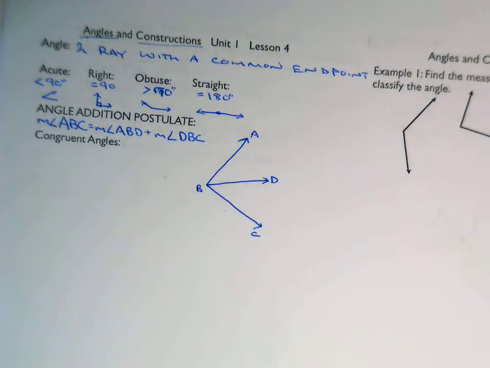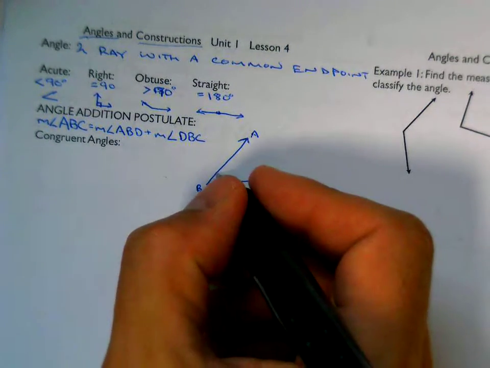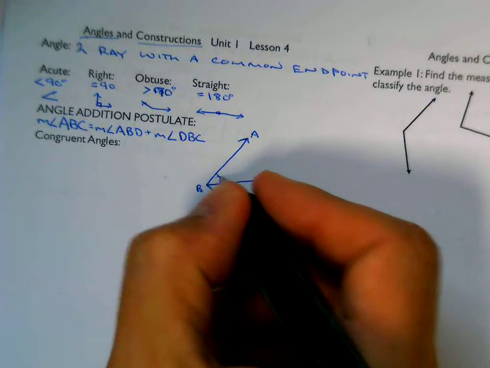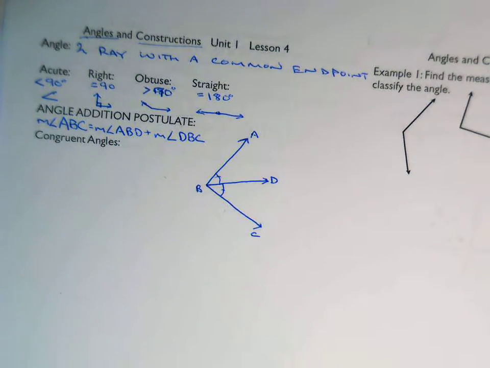So you can see how it's pretty much just like the segment addition postulate, which says that the two parts equal the whole. Well, same thing here. The two parts of this angle equal the whole angle.